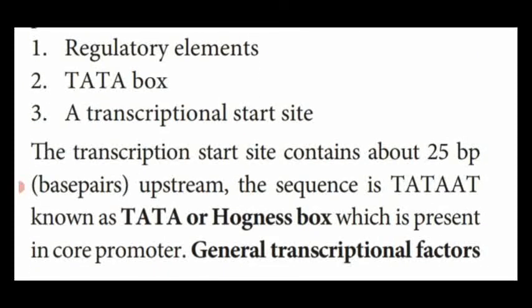Dear students, the transcription start site contains about 25 base pairs upstream. That means nitrogenous base pairs. The sequence is TATAAT, so that is why it is known as the TATA or Hogness box.